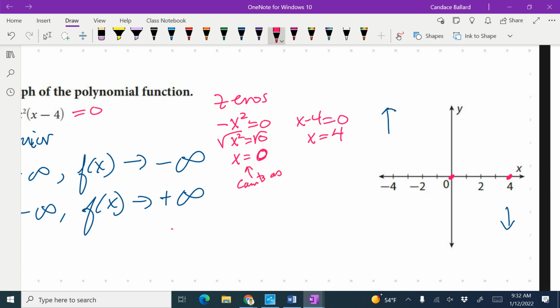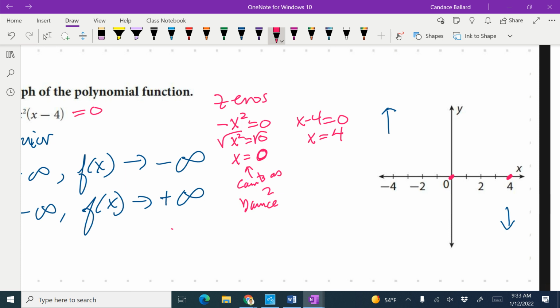And remember, the other pattern that we discovered was that if it had an exponent, it was tangent or it bounced off, versus if it was just an exponent of 1, it went through, it crossed. So this one should bounce or tangent, one of the two things.